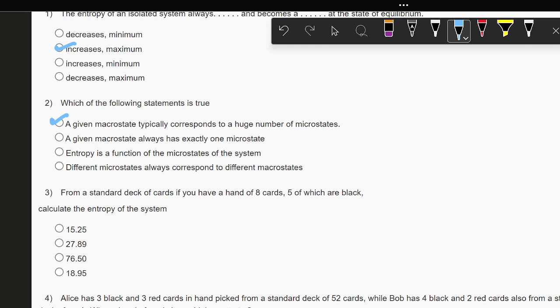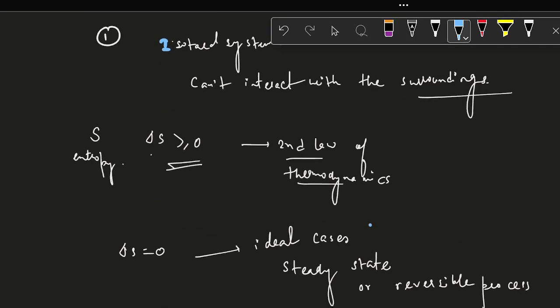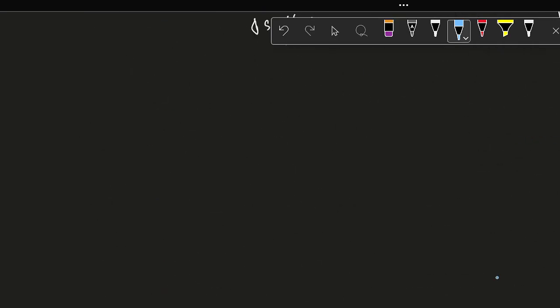A macrostate generally means the bulk nature of the system, like how you macroscopically describe or explain a system, right? So let's say if you have a fluid system, then the macroscopic properties of the system are mainly pressure and volume, P and V, right? So we are solving question number 2.